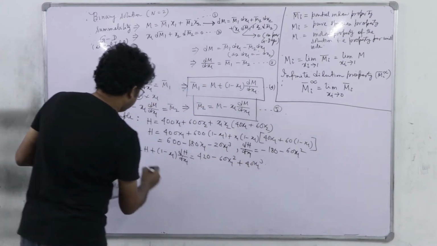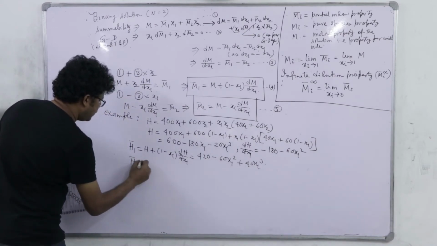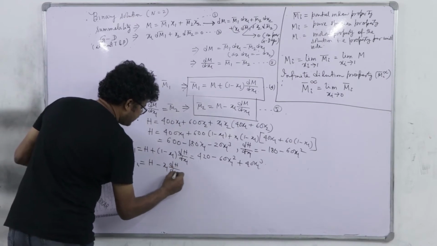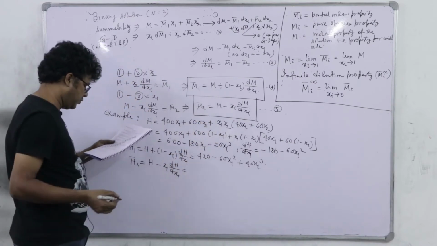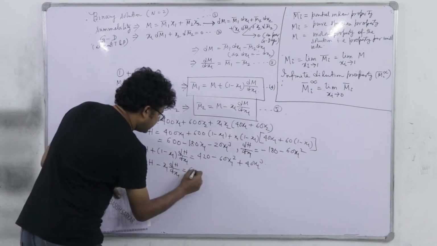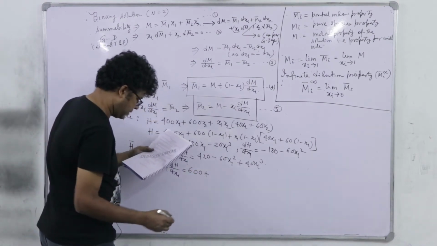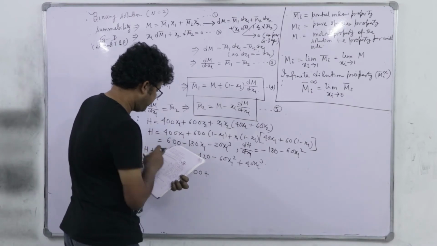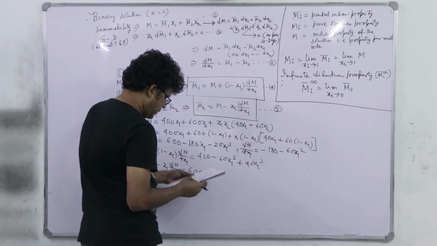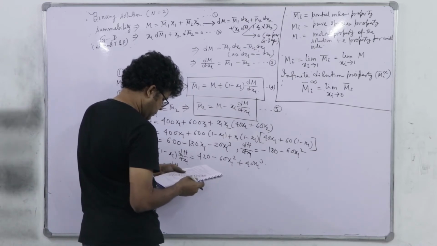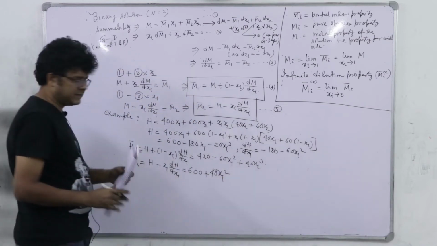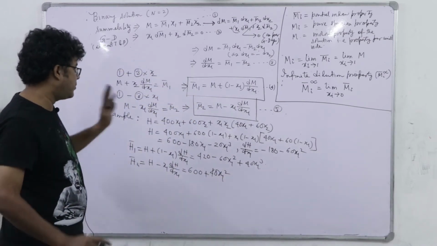And similarly, h2 bar, which is h minus x1 into dh/dx1, upon substitution I will get this as 600 plus 40 x1 square. So, these are the expressions of the partial molar properties.